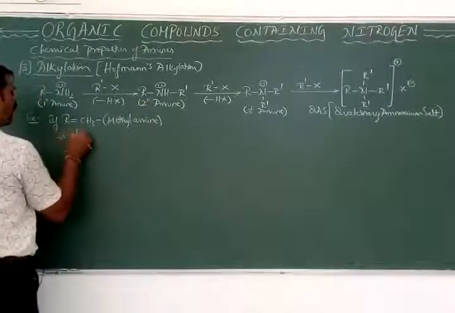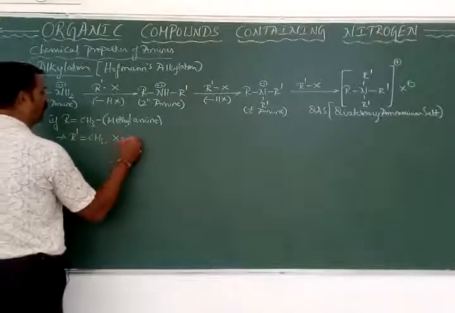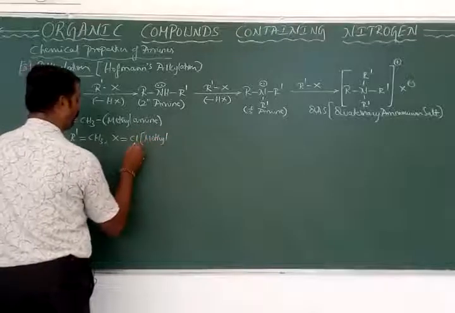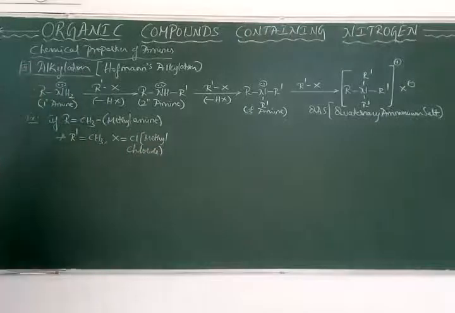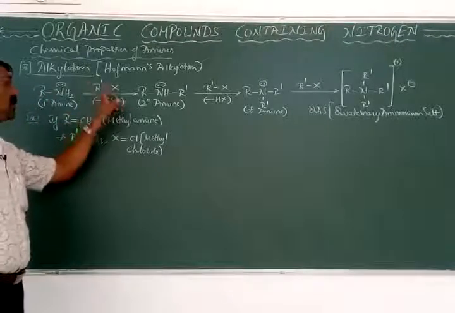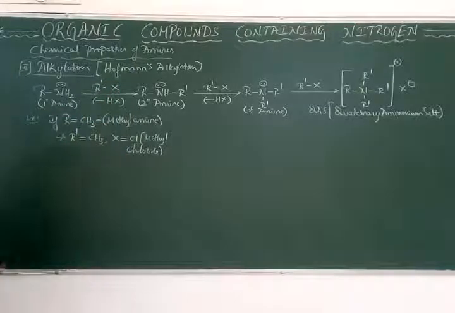And if I choose RX, R is equal to CH3 and X is equal to, for example, Cl, then it is methyl chloride. You have to write the reactions on your own now. Putting R equal to CH3 and R' also equal to CH3. If R is CH3, it is called methylamine. If R' is CH3 and X is Cl, it is called methyl chloride. What is the product here?